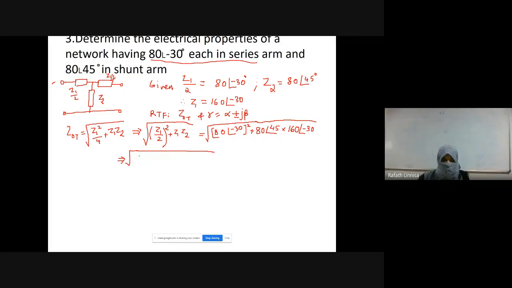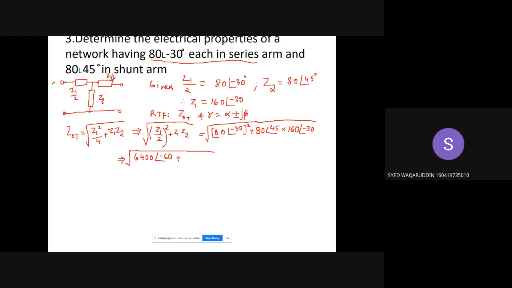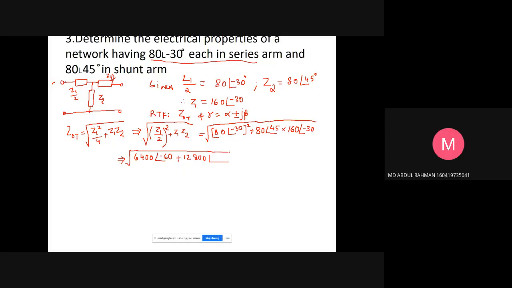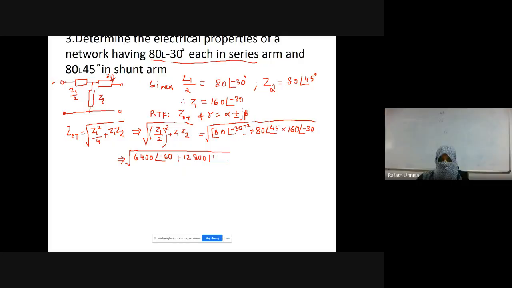Good. 6400 at an angle of minus 60 degrees plus 80 into 160. How much is 80 into 160? 12800, right? 12800 at an angle of how much? 15 degrees, right?